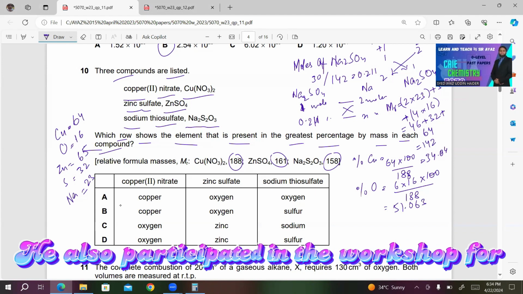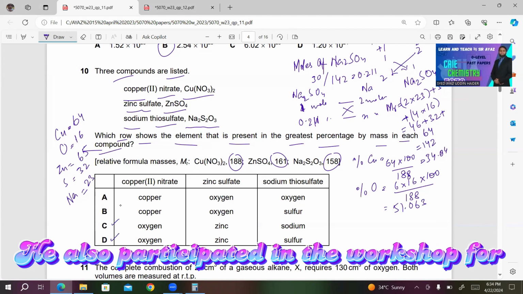Now, which means that either C is correct or D is correct. Both A and B are incorrect.